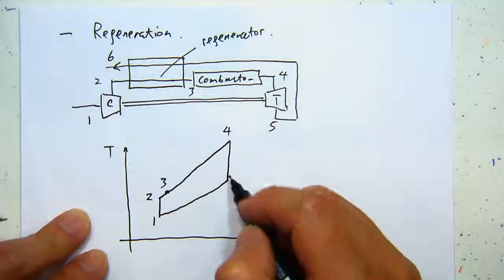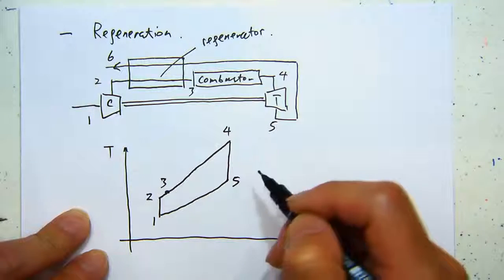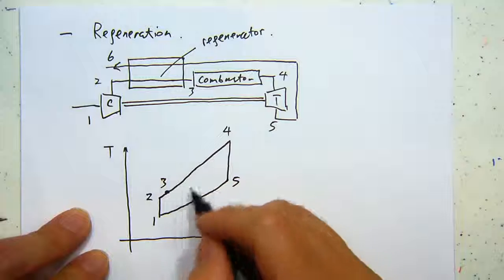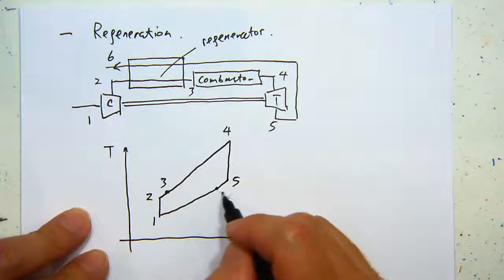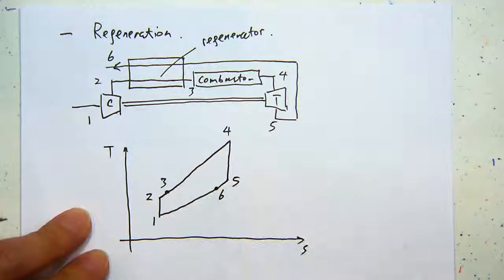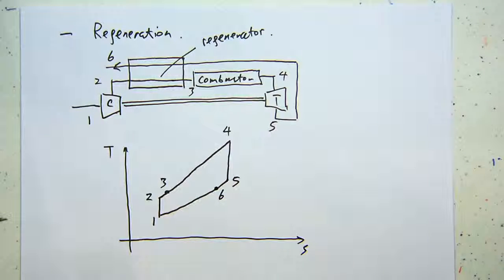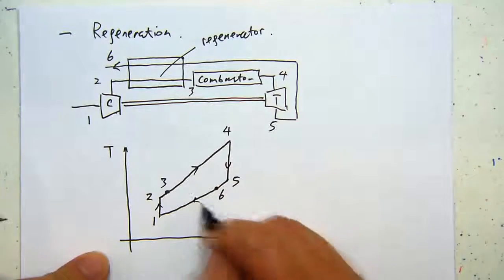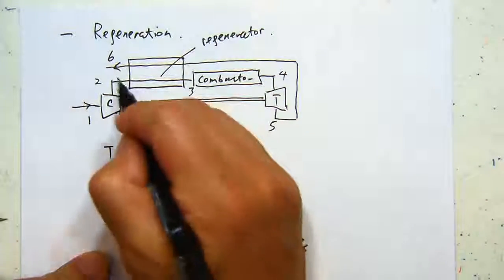Then after the combustor, go to state 5, and then before it gets into the environment, it will give some of the enthalpy to the compressed air. So I have it here. State 6 before it goes back to the environment. All right, so that's like this, and this.